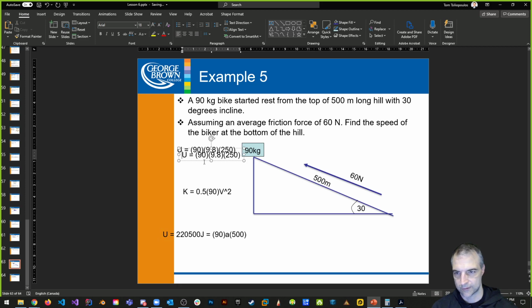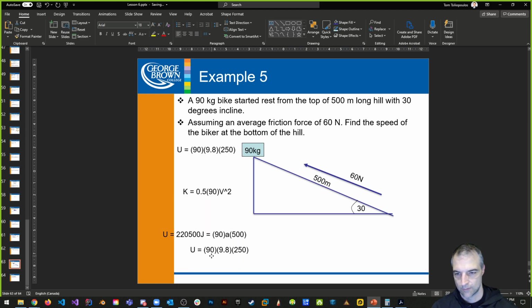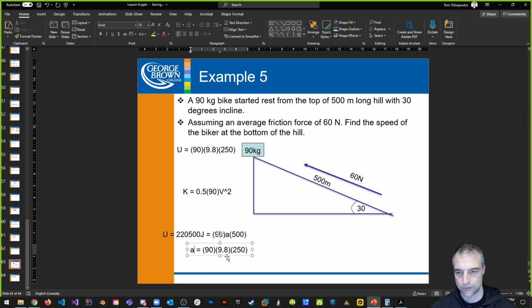if I want to find the acceleration, then I can say that this is equal to 220,500 joules divided by 90 times 500.